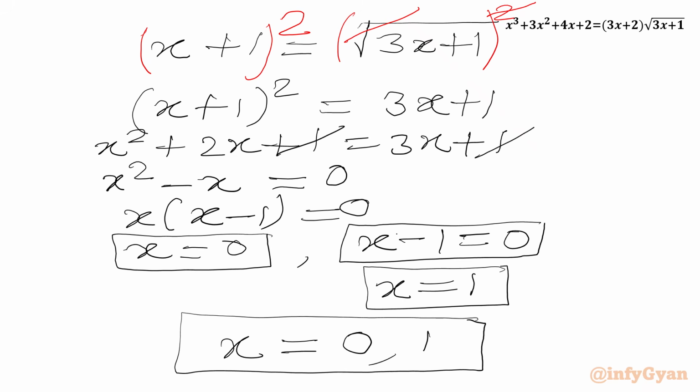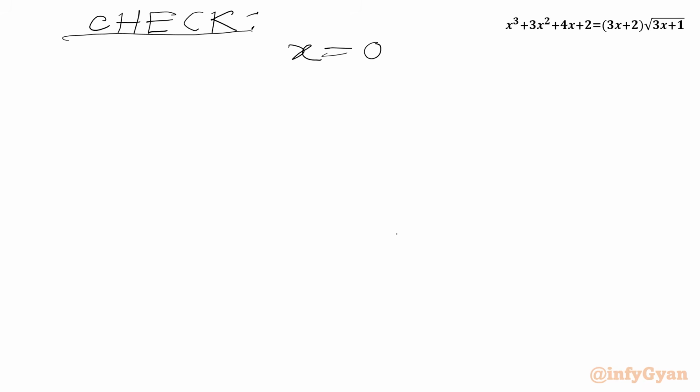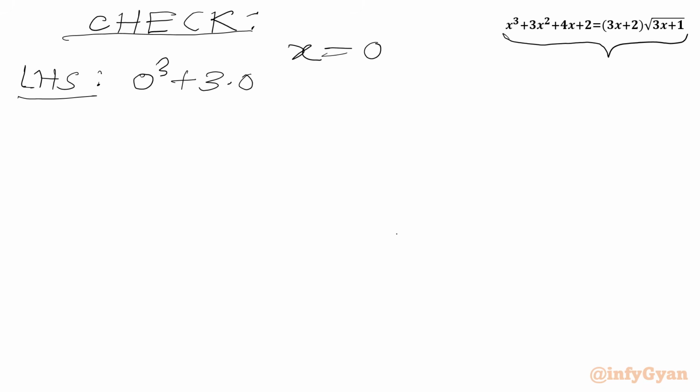Now we are going to verify both the solutions. So I will write here check for x equal to 0 first. Equation is written here. We will begin with the left hand side. We will write 0 cube plus 3 times 0 square plus 4 times 0 plus 2.